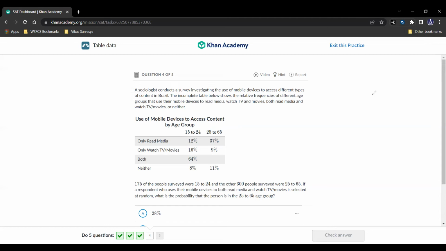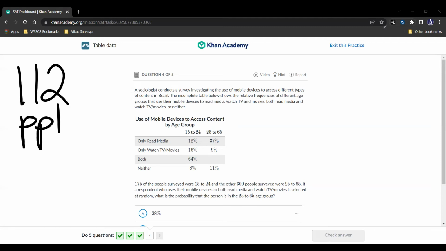Well, 64% in the 15 to 24 age group do it. So that's going to be 0.64 times 175, which is going to be 112 people. And then here, we need to fill in this table. We have 37 plus 9 plus 11 plus the number of people who do both, which is supposed to equal 100.